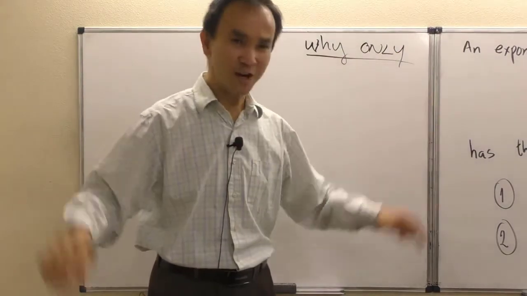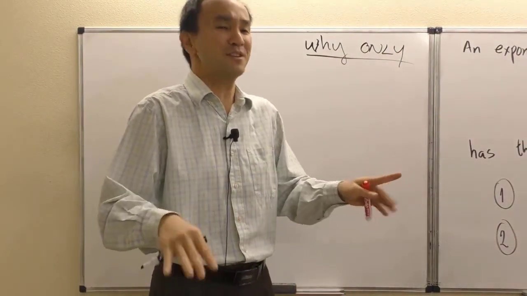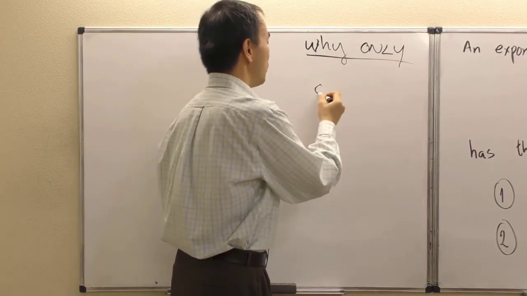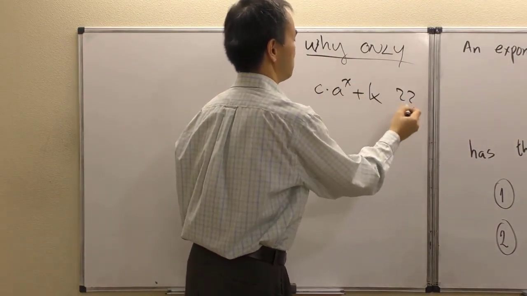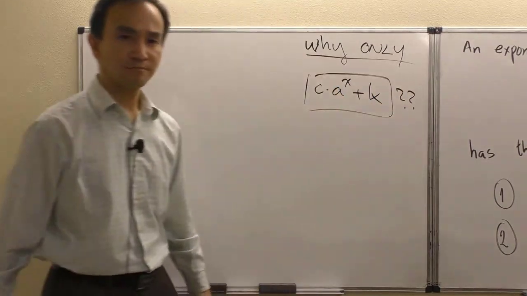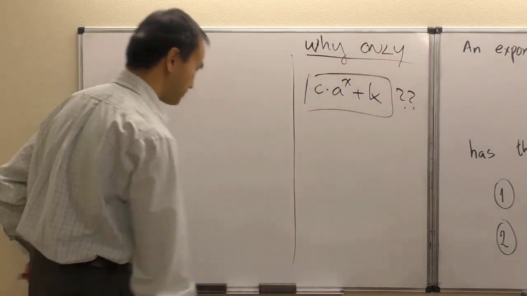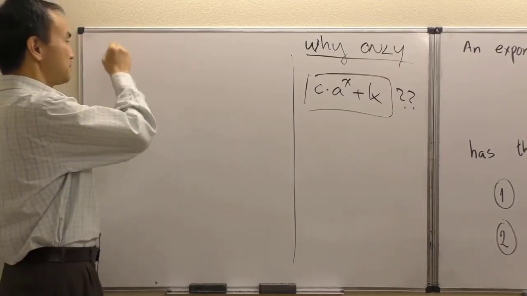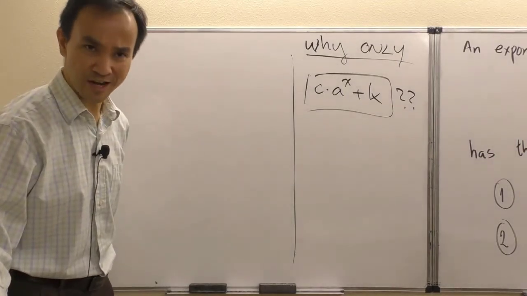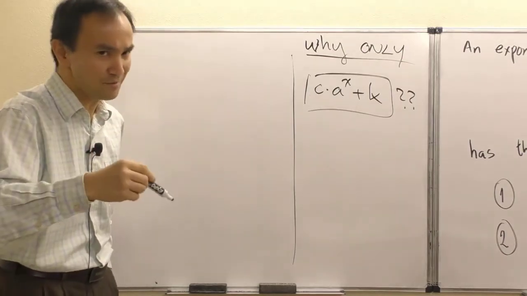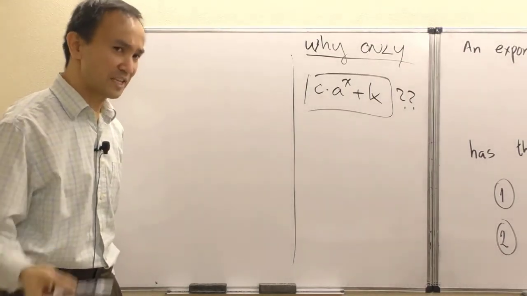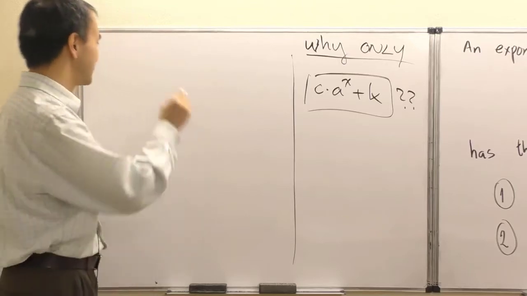Of course, it's not proper grammar, but why only consider c times a to the x plus k? Why is it only so? Okay, so let's find out. Let's be as crazy as we can. This time I'm going to really let my own creativity kick in and come up with a crazy expression as much as possible.